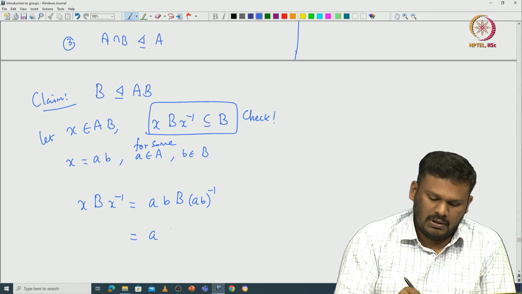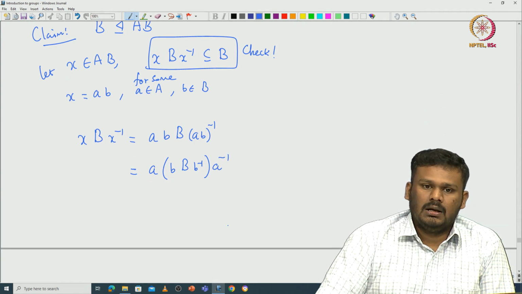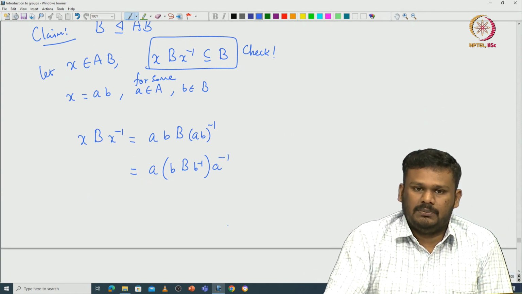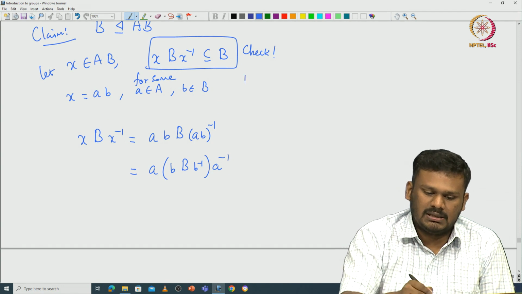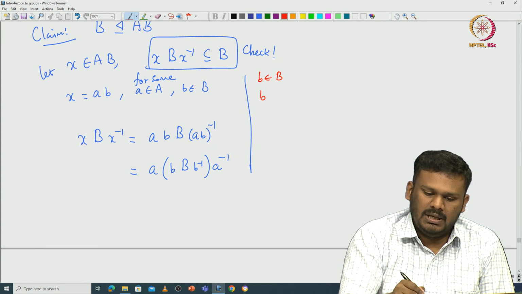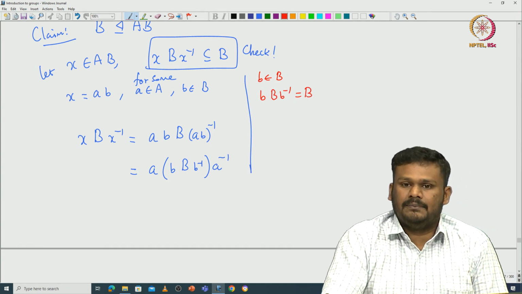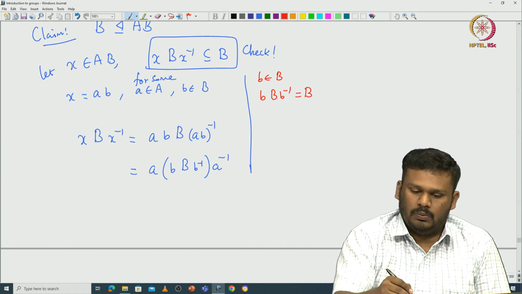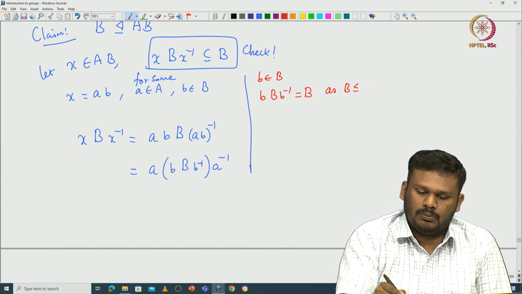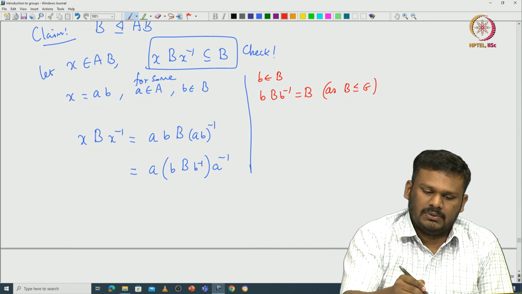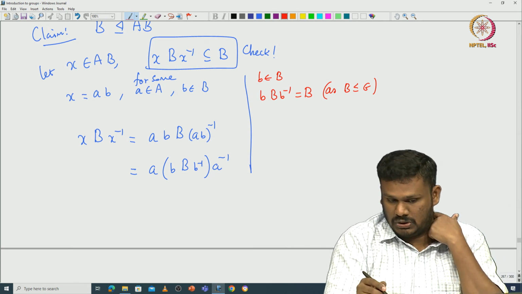It is a b B b inverse times a inverse. But what is bBb inverse? Since b is in capital B, bBb inverse is going to be exactly B, because B is a subgroup of G. This is something you can check, there is no issue.